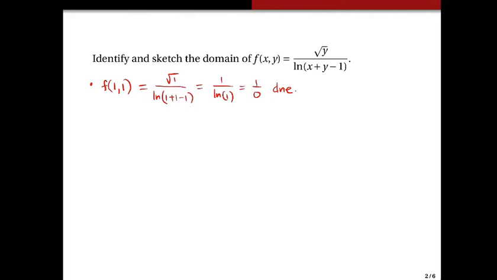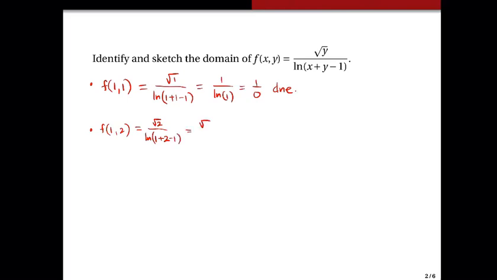Okay? Let's have another point. Maybe we want to evaluate the point (1, 2). Okay? You have (1, 2). So for this, we'll just have square root of 2 all over ln of 1 plus 2 minus 1.